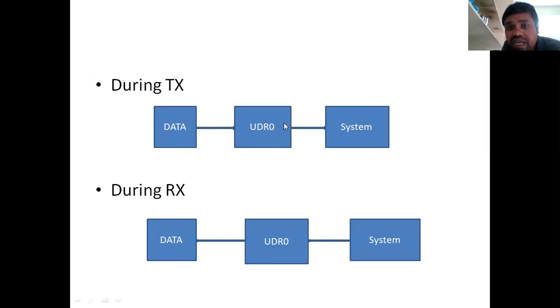It will transfer one bit at a time: first bit, second bit, up to the last bit. UDR is a 1 byte register, so it stores only one character. So if I want to transmit A, it will be stored in UDR.